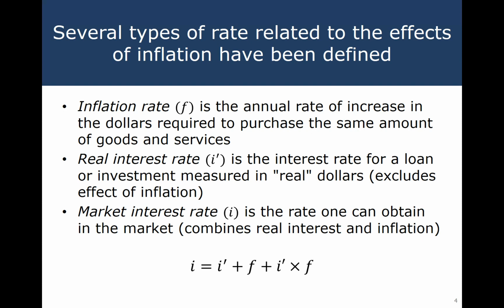Second is the real interest rate, the interest rate for a loan or investment measured in real dollars, meaning exclusive of the effect of inflation. And the last one is the market interest rate I, the rate one can obtain in the market, combining the real interest and inflation.